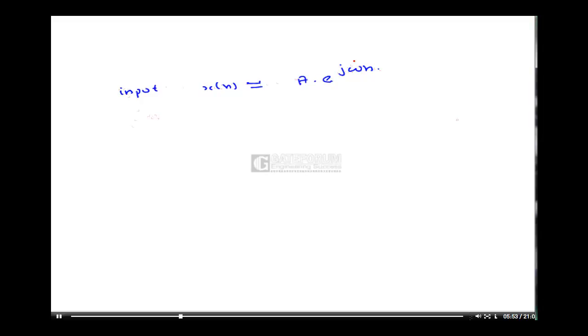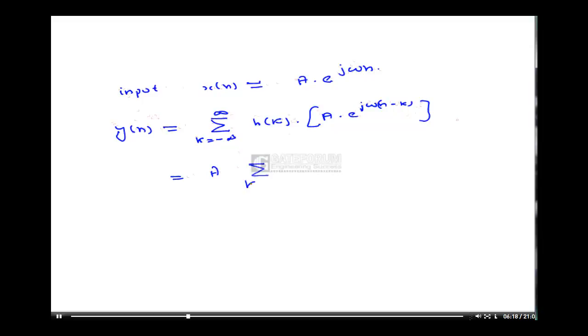Okay. Now output y[n] using the same previous convolution formula I can write. This will become a summation k tending to minus infinity to infinity h of k e to the power minus j omega k.